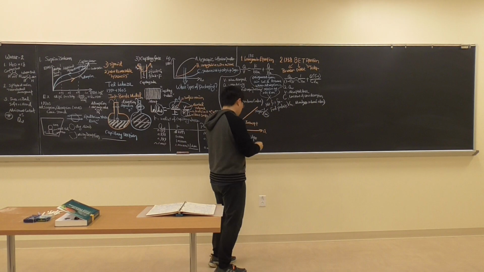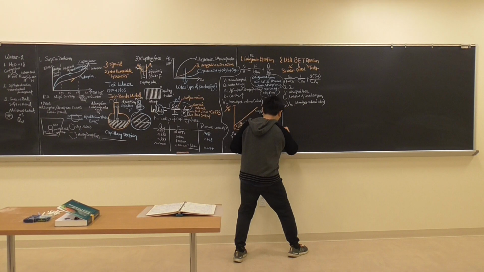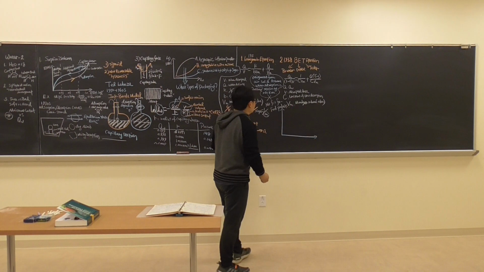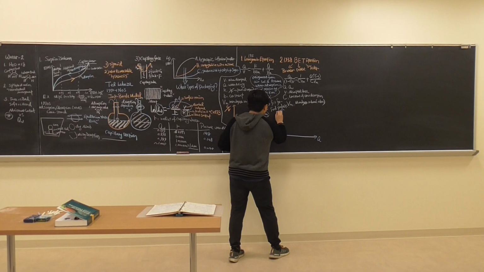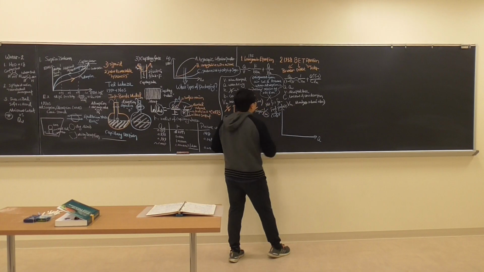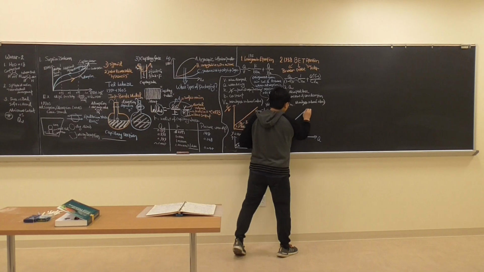So then we get another curve. What does the curve look like? We get another curve. The x-axis is still A, the y-axis this time becomes A divided by (1 minus A) times V, and then you have another curve comes out.